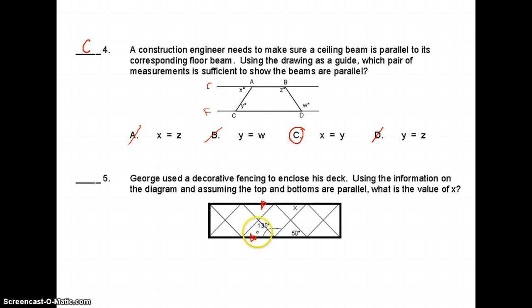And we know that this angle plus this angle form a straight line. You're going to have to add up to 180. So if we do 180 minus 130, that gives us 50 for this angle right here.